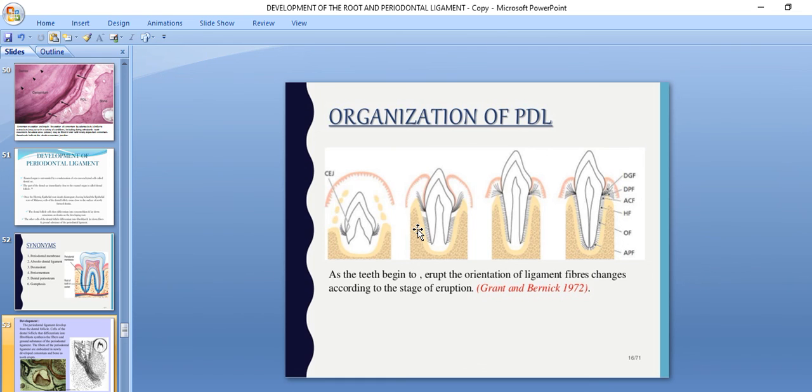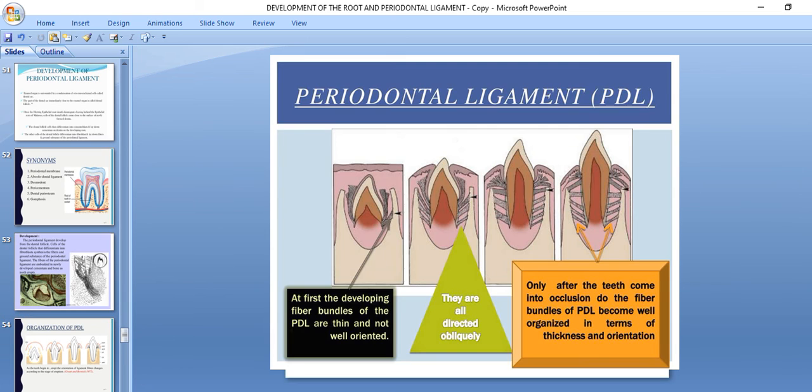Stem cells exist within the region to allow for this, and these stem cells may lie in a perivascular location. It is not clear whether the three main types all arise from this common stem cell, or whether they each have its own progenitor cell. And here you can see the development.